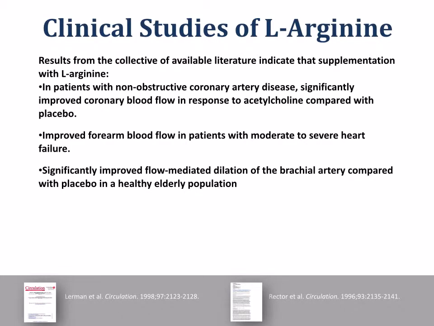Results from the collective of available literature indicate that supplementation with L-arginine in patients with non-obstructive coronary artery disease significantly improved coronary blood flow in response to acetylcholine compared with placebo. It improved forearm blood flow in patients with moderate to severe heart failure, and also significantly improved flow-mediated dilation of the brachial artery compared with placebo in a healthy elderly population.